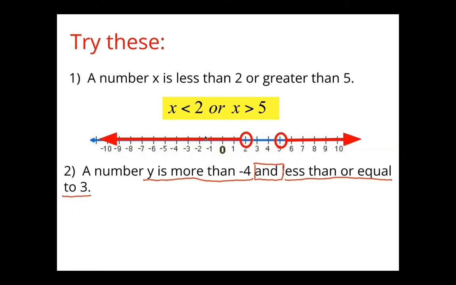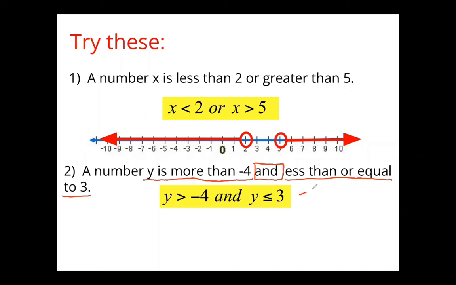Now I can process this into an inequality. So y is more than -4. That represents y is greater than -4. And it is also less than or equal to 3. So those are my two inequalities.